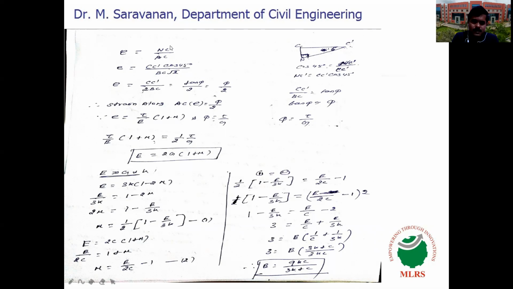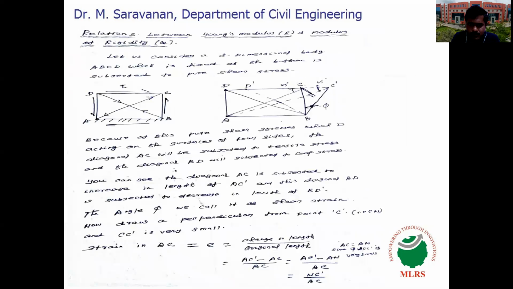Therefore, we can substitute NC dash equal to CC dash into cos 45 degrees, divided by, here you can see, BC into root 2. What is AC? AC is BC into root 2. If you take this triangle, sin 45 is equal to opposite by hypotenuse, so BC by AC.